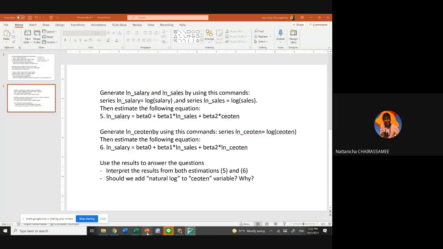And then I asked you whether or not you would add natural log to CEO tenure and why. Do you think we should add it? Can anyone answer my question? Should we add natural log to the CEO tenure variable?